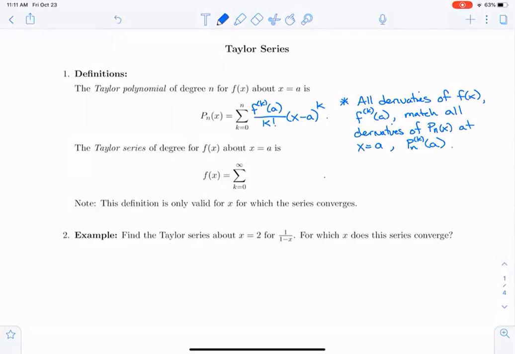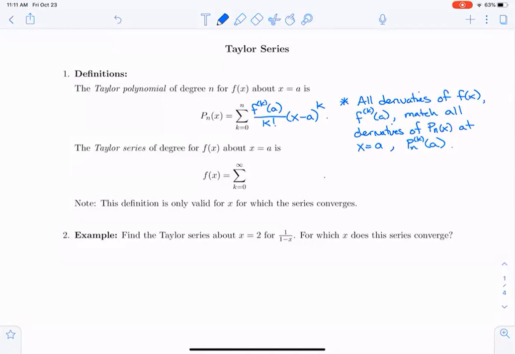So it would be natural to extend the idea of the Taylor polynomial to an infinite series, which we're going to call a Taylor series. And so instead of the polynomial, which is a finite number of terms, being an approximation for the function f of x, the infinite series, that's the Taylor series for f of x, will actually equal f of x.